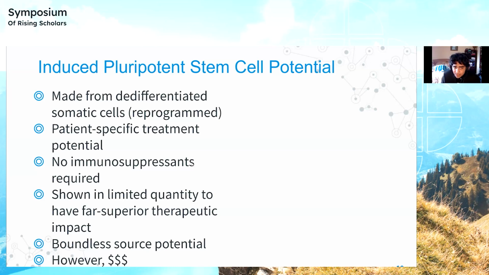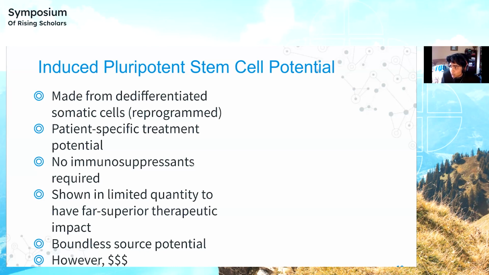In the limited study of these cells, induced pluripotent stem cells have shown to have a far superior therapeutic impact and showed zero weaknesses in restored cartilage. Moreover, they can be obtained from any bodily cell, which indicates that non-invasive techniques can be used, as opposed to if you were to obtain a cell from the synovial membrane, which would require an invasive kind of procedure to extract those cells.